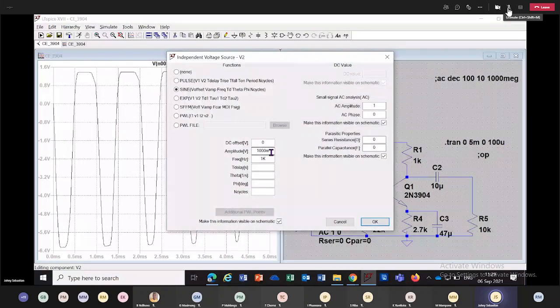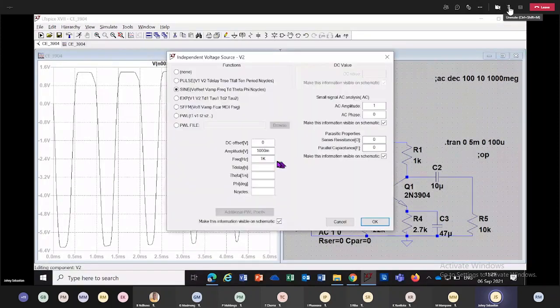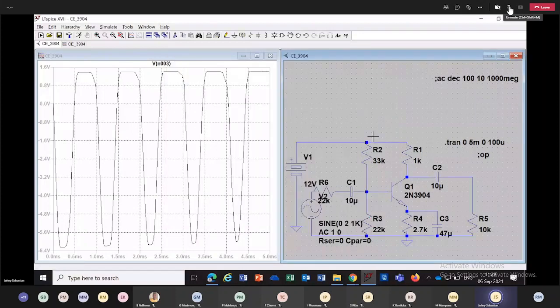So if you increase your input signal beyond the limit, it can clip on the negative side and positive side. If you want me to show you that again, I'm going to make it 2 volt amplitude. It is going to make clipping on positive and negative side. You can see there.